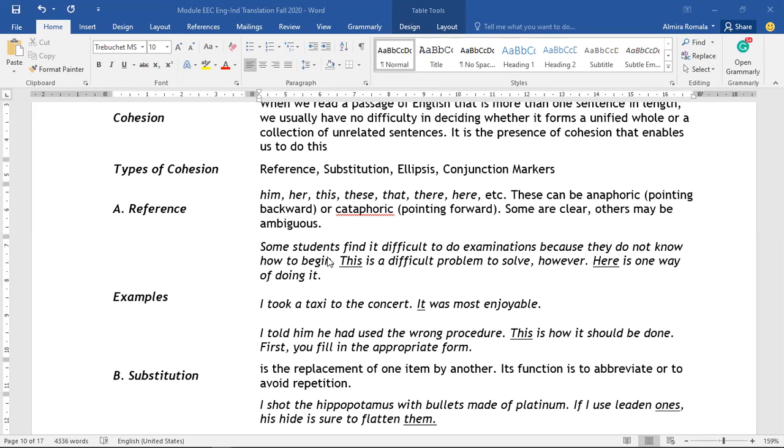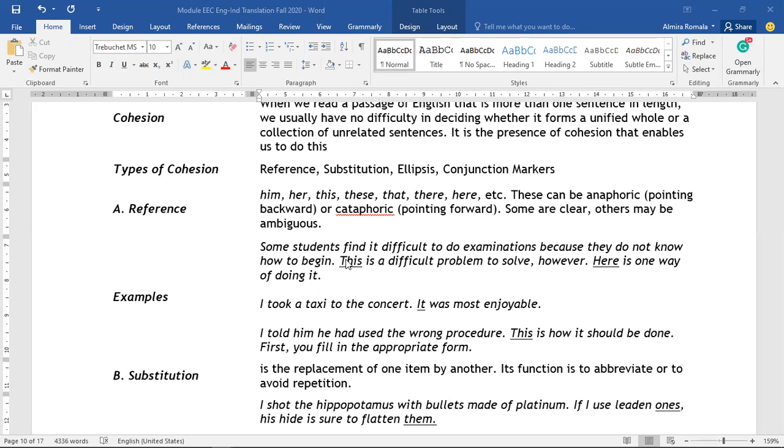Alright, do you spot the reference in the first sentence? We have the word they, and it refers to, yes, some students. So they is the reference of some students. And as some students is a plural noun, we correspond it by using they. So it means that this sentence has cohesion.